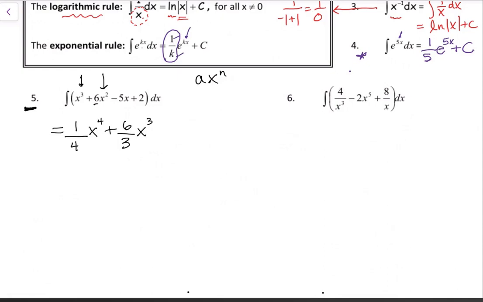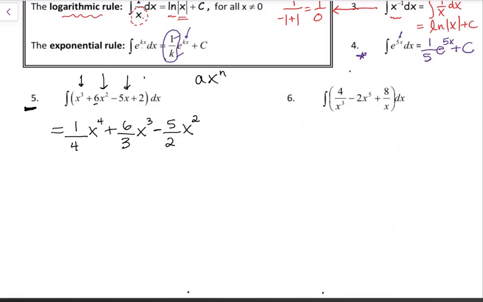So coefficient over exponent plus 1, and then x raised to the exponent plus 1. For this third term here, I want to follow that same mantra. I want coefficient over exponent plus 1. So my old exponent is 1, so 1 plus 1 is 2. And then my old exponent plus 1 for my new exponent.